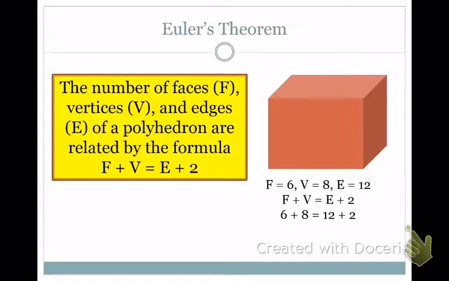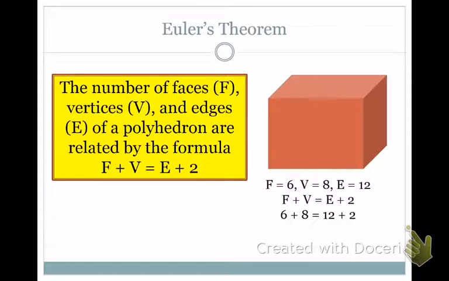Here's an example. This is a square prism. The number of faces is 6. The number of vertices is 8. The number of edges is 12. Remember, an edge is not a face.